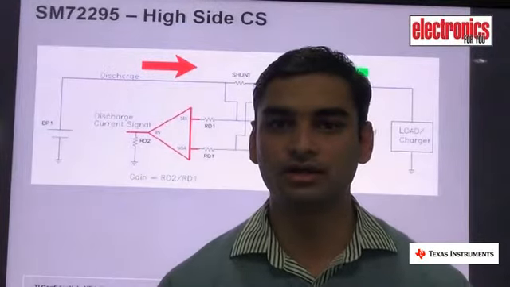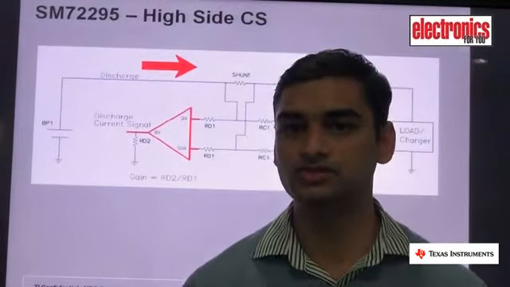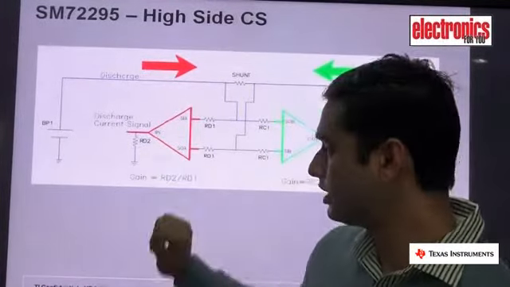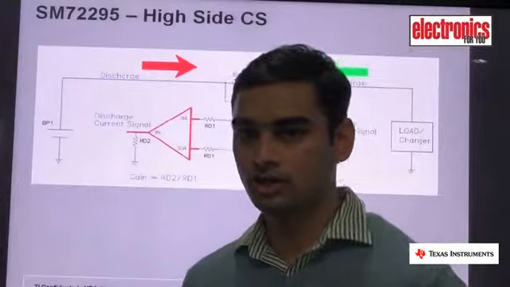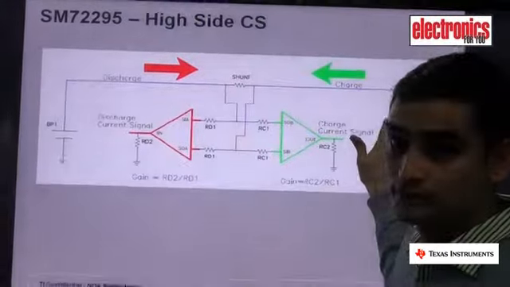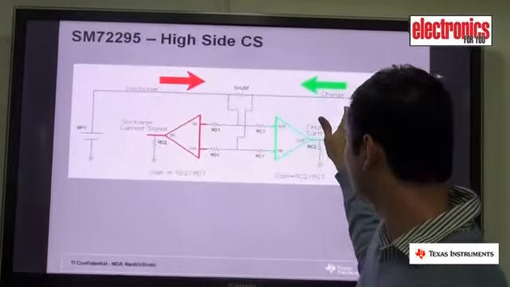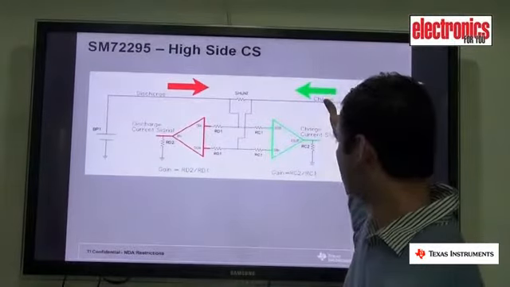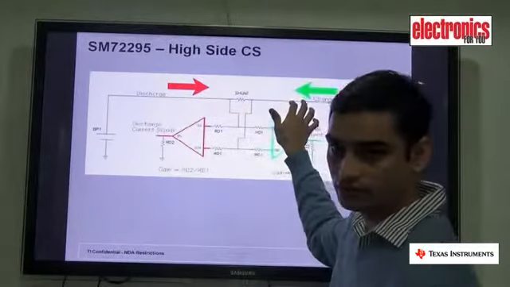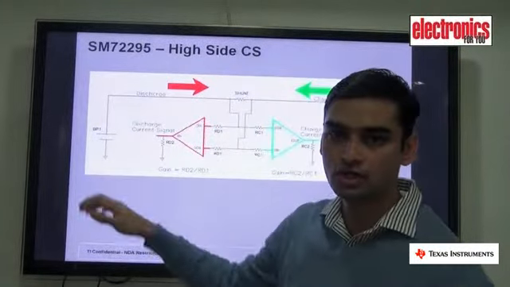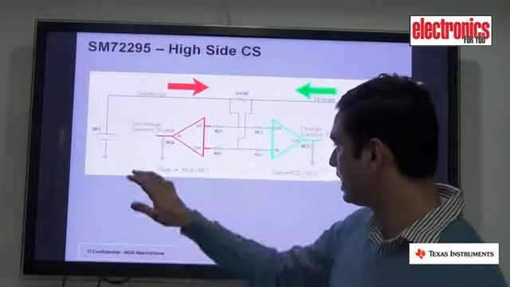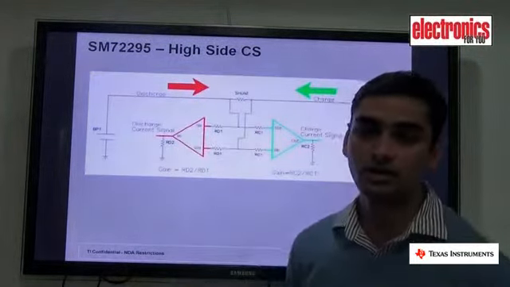As I explained earlier, SM72295 has 2 internal current sense amplifiers which are drawn over here. During inverter mode, your current flows from your battery to your load, and during charging mode, your current flows from your AC mains step down version to charge your battery. So your current flows into your battery. So during inverter mode operation and during charging operation, the direction of currents is different.